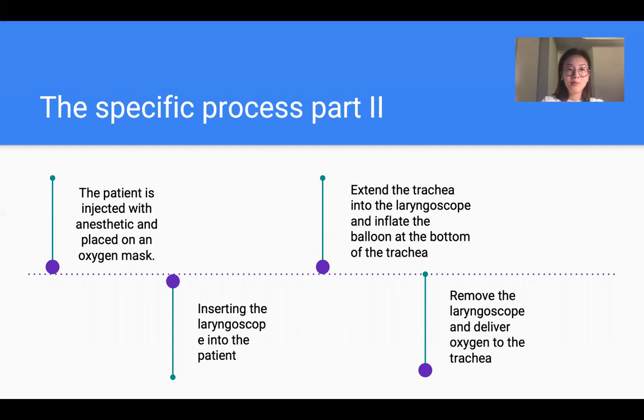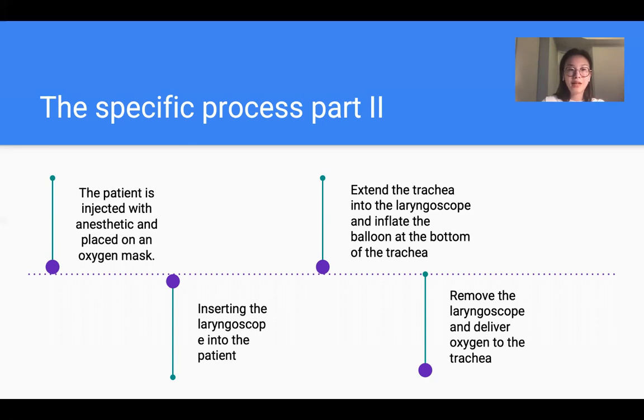After that, a small balloon is inflated around the tracheal tube to ensure that it stays in place in the trachea and that all air delivered through the tube reaches the lungs. Next, remove the laryngoscope and place tape on the side of the mouth or wrap the head with tape to secure the tracheal tube's stability.